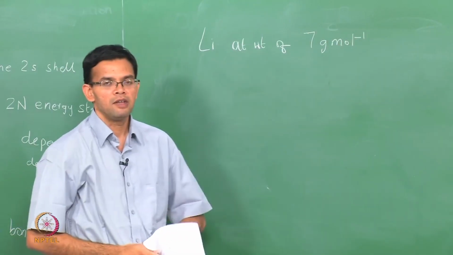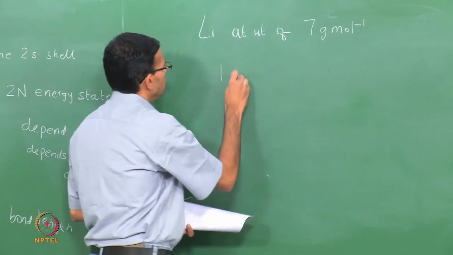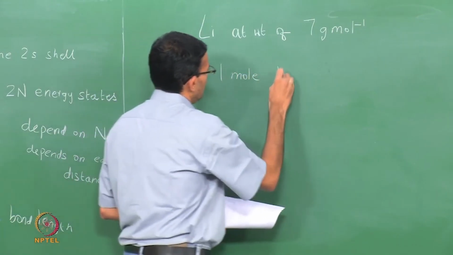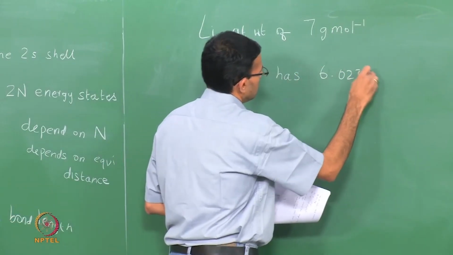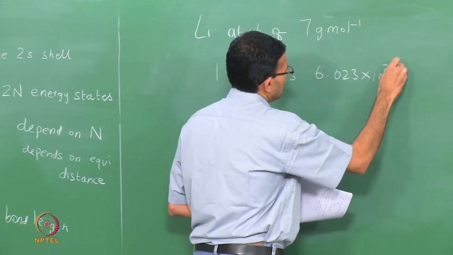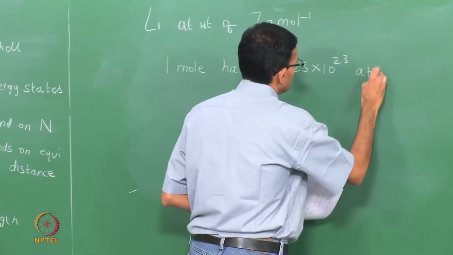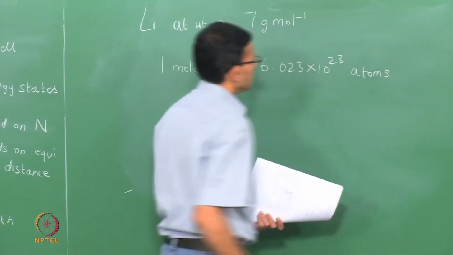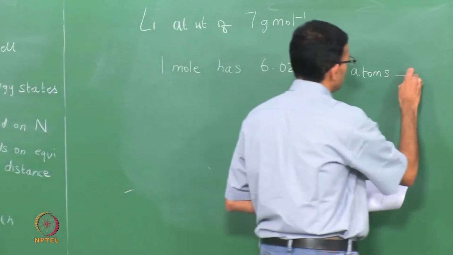So, if you have 7 grams of lithium, you have 1 mole, and 1 mole has 6.023 times 10 to the 23 atoms. Right. This is nothing but the Avogadro number.